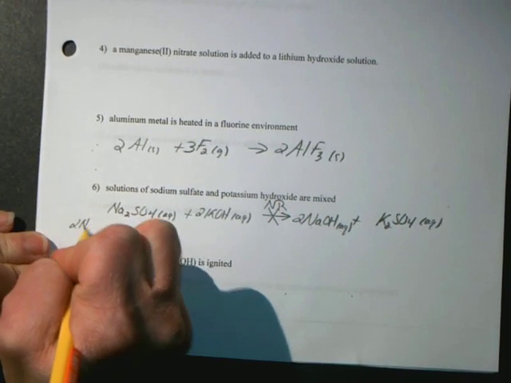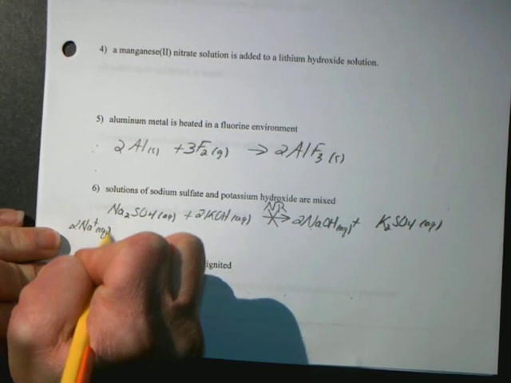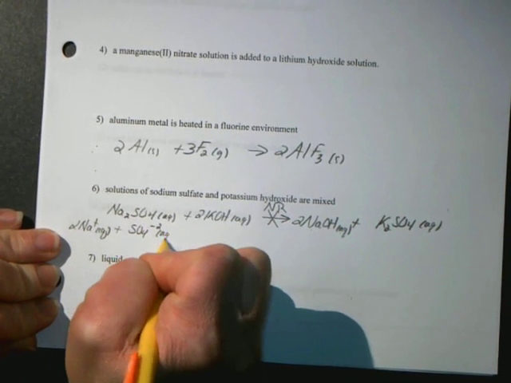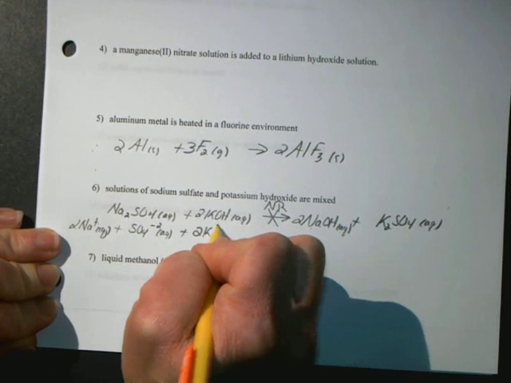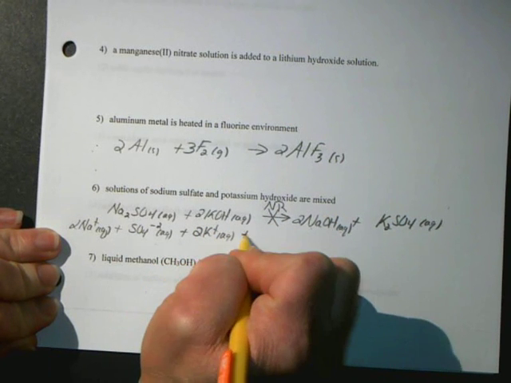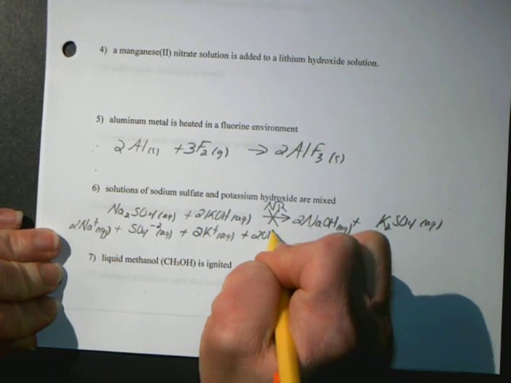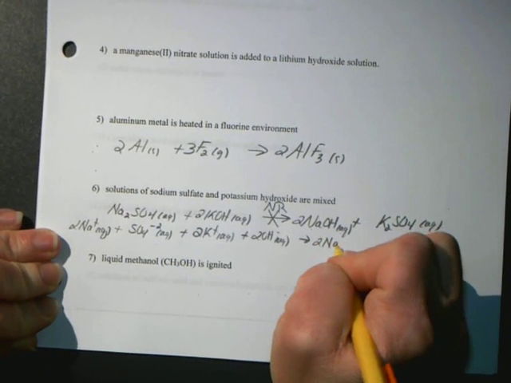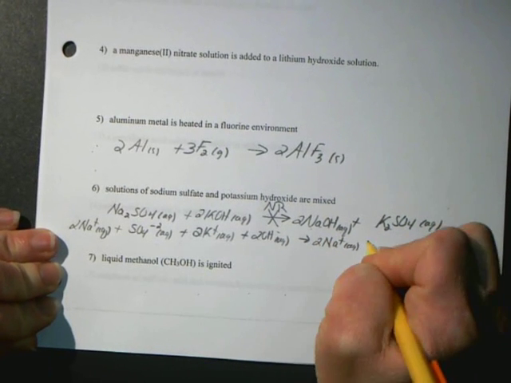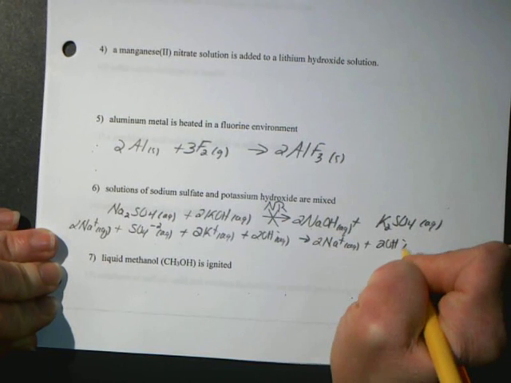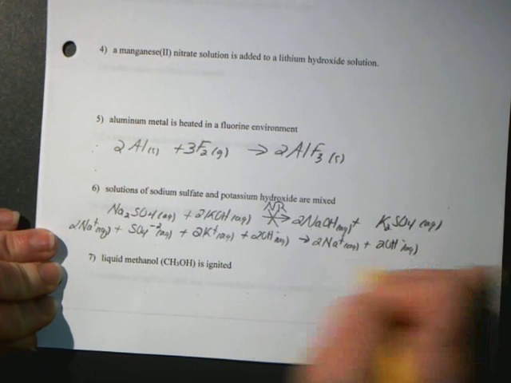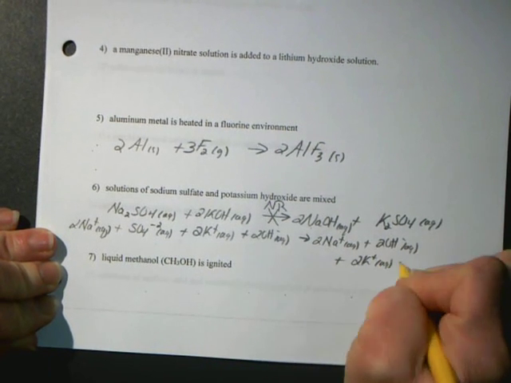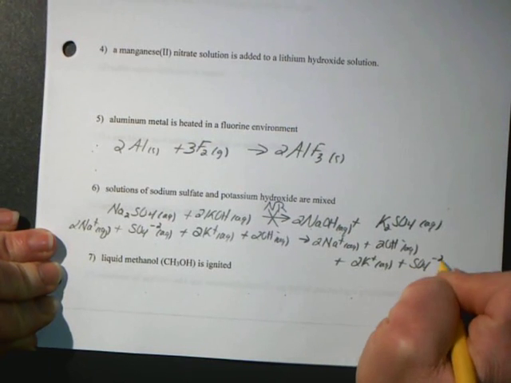This is going to be existing as 2 sodium ions, a sulfate ion, 2 potassiums, 2 hydroxides. That will create 2 sodiums, 2 hydroxides, 2 potassiums, and 1 sulfate.